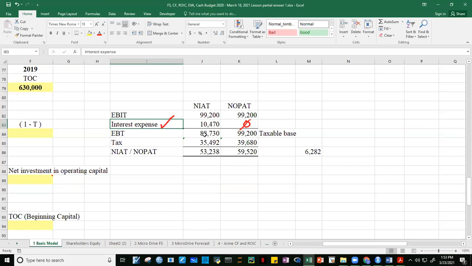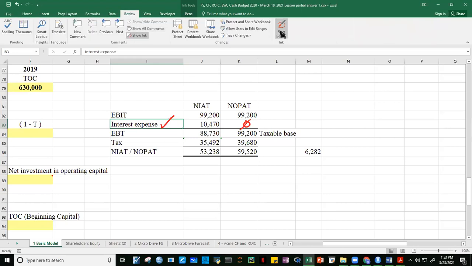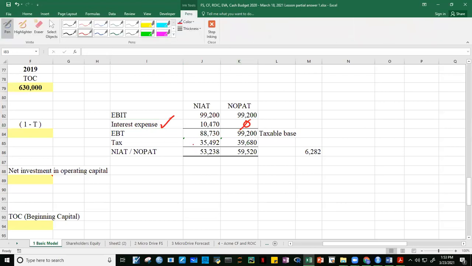Once the taxable base is computed, then we compute the tax, and the tax becomes smaller. Do you know what that is called, guys? It has a name. Do you know how that's called? The effect of borrowing on decreasing your tax liability. That's called the use of interest expense. Borrowing has what we call a leverage effect.